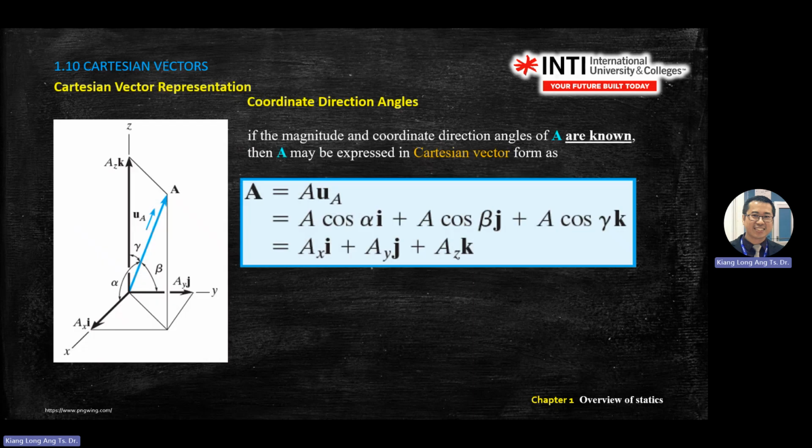Alpha, beta, gamma is measured from the vector to the axis. It can be any force, it can be the resultant. As long as it's a vector, you're able to find alpha, beta, gamma. Alpha, beta, gamma is from the vector to the axis itself.